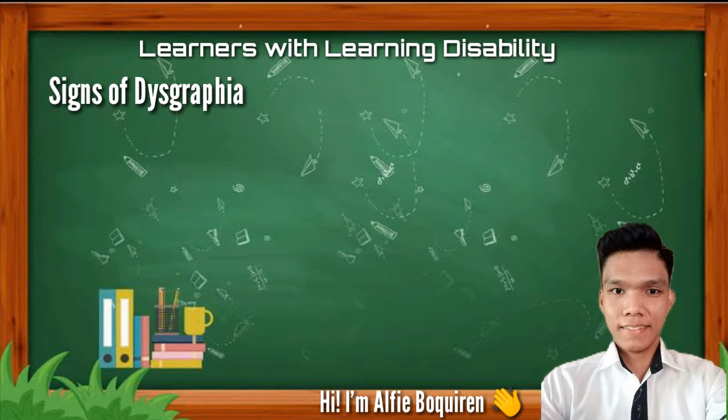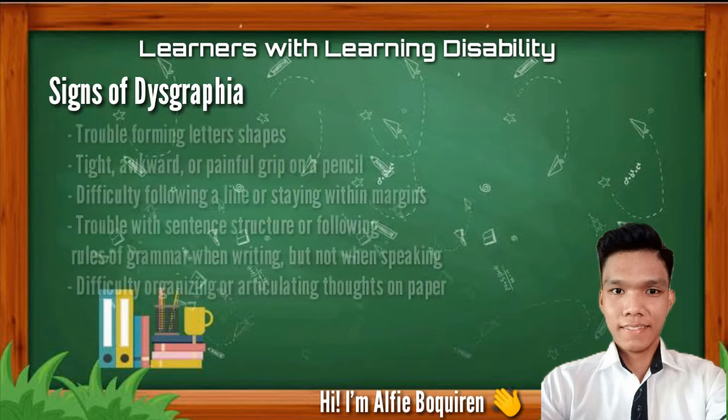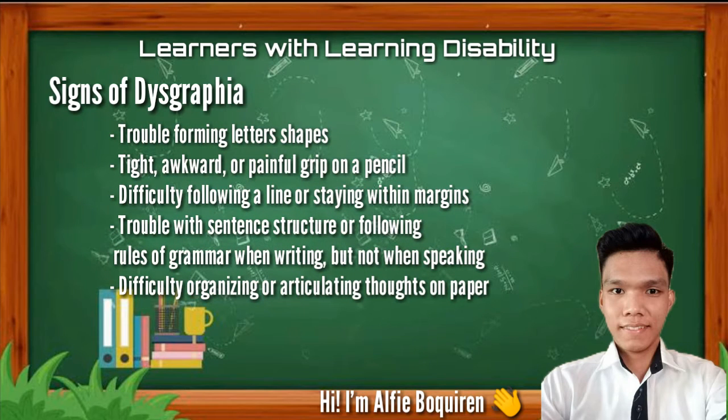These are the signs of dysgraphia: trouble forming letters and shapes, a tight, awkward, or painful grip on a pencil, difficulty following a line or staying within margins, trouble with sentence structure or following rules of grammar when writing but not when speaking, difficulty organizing or articulating thoughts on paper.